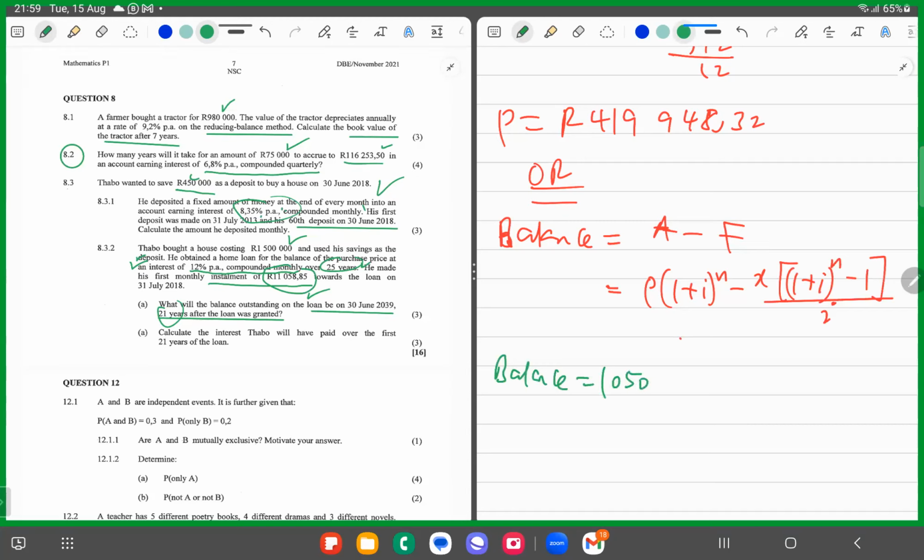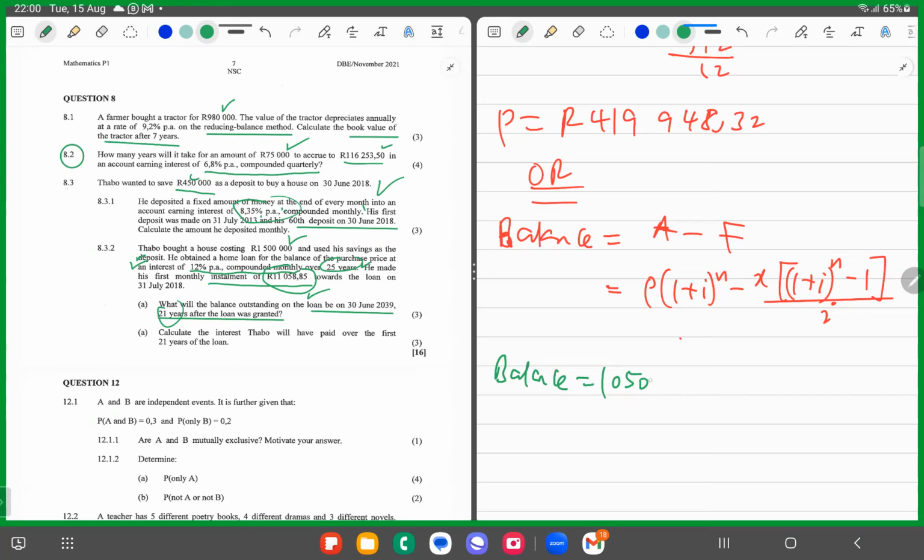So what is the present value? You realize that the present value is exactly 1,050,000. My power is leaving just now.